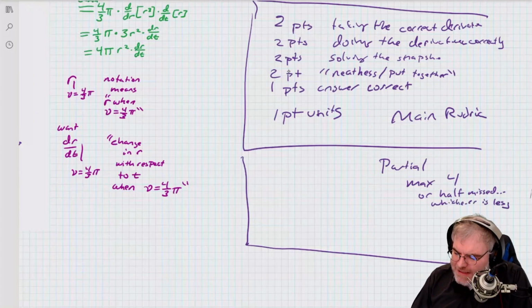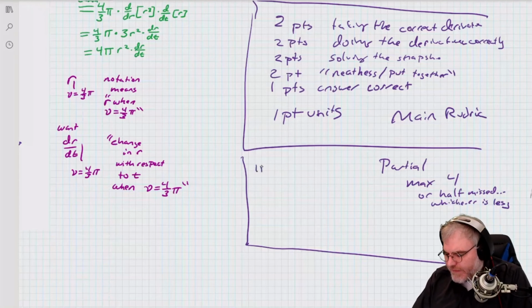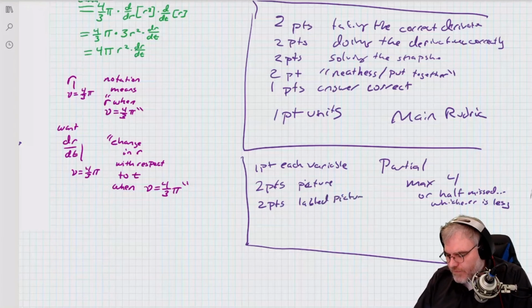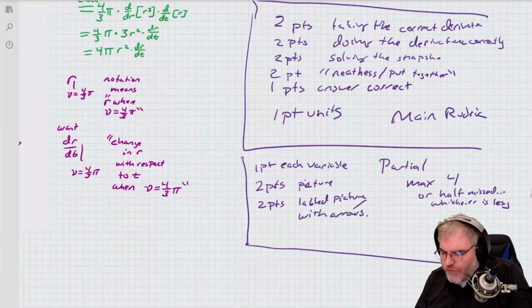Right, so if you mess up on only 1 point, like if you forget your units, you're not going to get anything back for the partials. Or you might get half a point back for the partials. But the way it'll work is this. It'll be like 1 point each variable maybe, 2 points picture, 2 points labeled picture with arrows. It'll be all sorts of things like this.